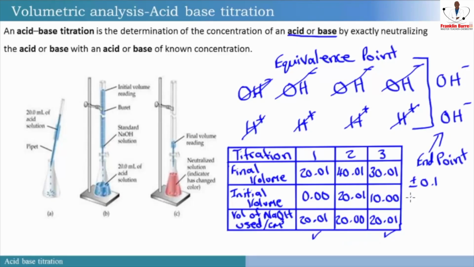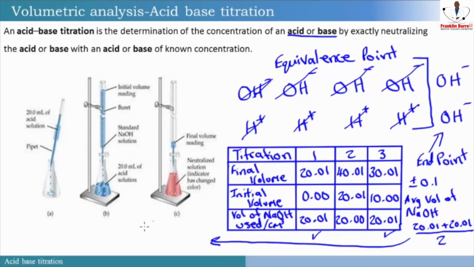So the average volume of NaOH is equal to 20.01 plus 20.01 divided by 2. So my volume that I will use in my calculation would be 20.01 cm cube. So this is really saying to me that it took 20.01 cm cube of sodium hydroxide to completely neutralize 20 cm cube of an acid.